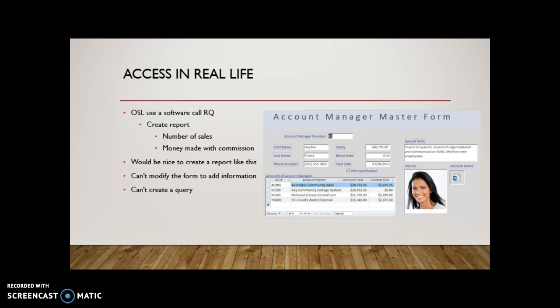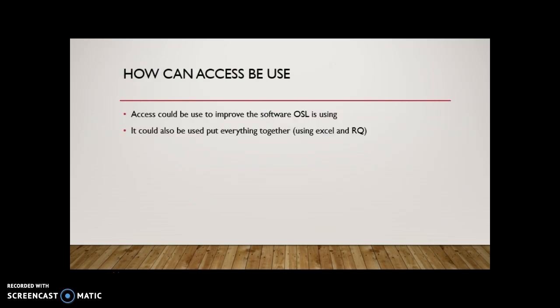So for this, it would be nice to use Access instead of RQ because we can modify the form and we can create a query. We have to stick to what is done by the software. So now how can Access be used? Access could be used to improve the software OSL is actually using.